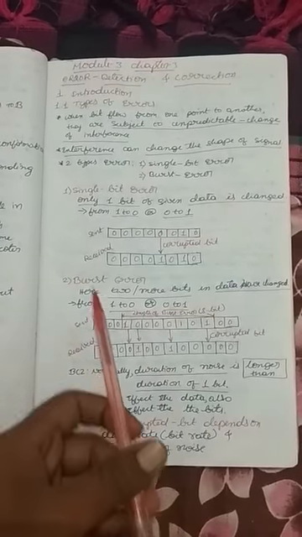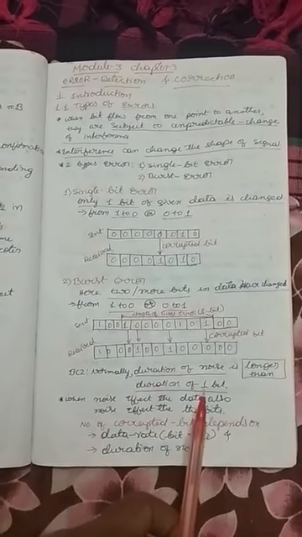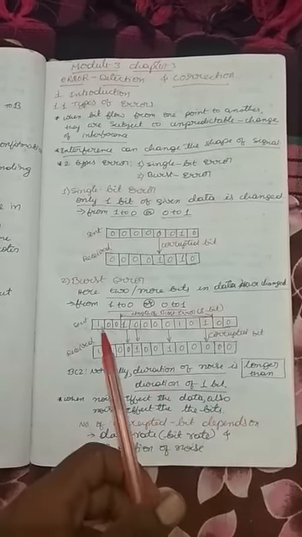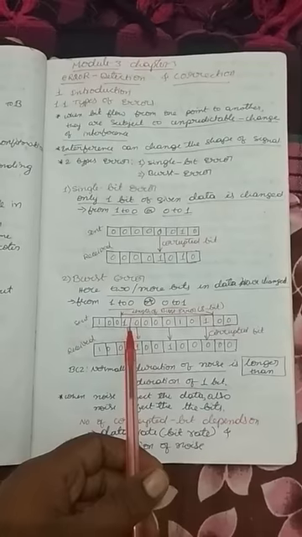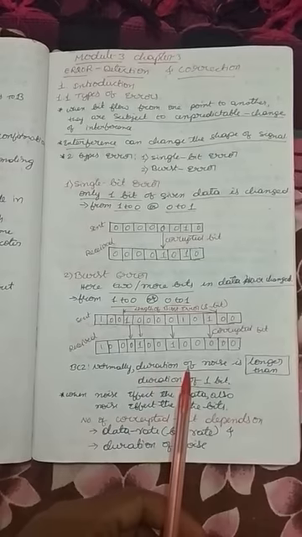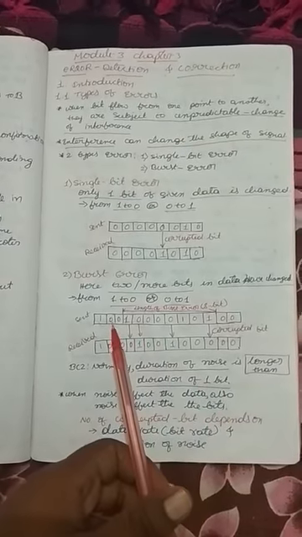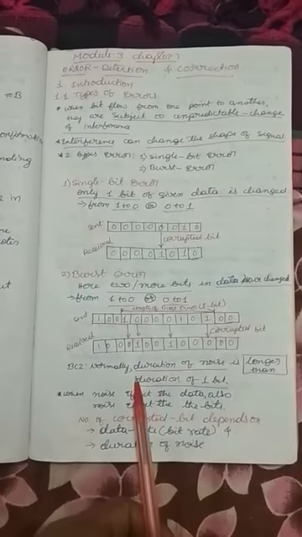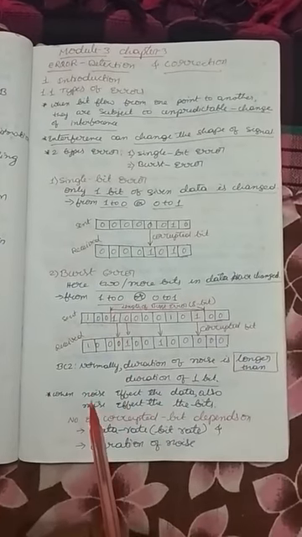Why will burst error happen? Because normally the duration of the noise is larger than the duration of one bit. Suppose this is one bit; the noise duration is greater than the duration of one bit, so the burst error will occur.